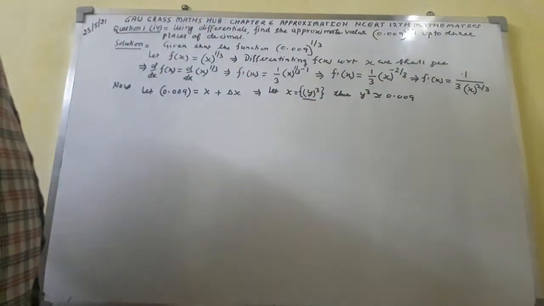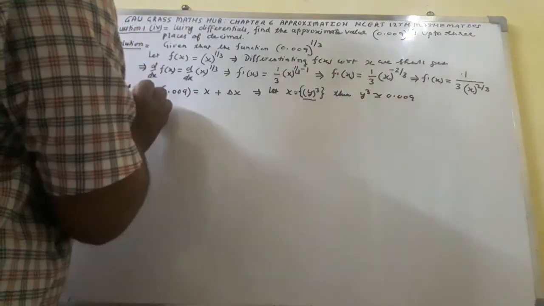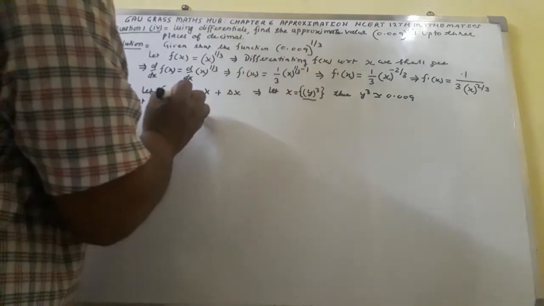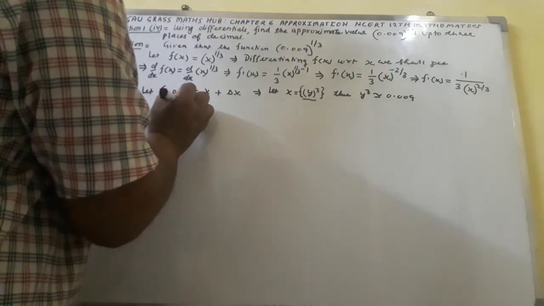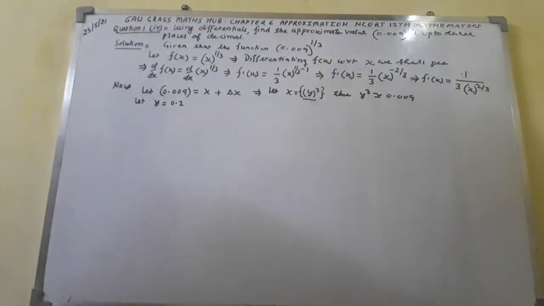It should be approximate. So if we write here, let y equal to 0.2. Let y equal to 0.2. Assume this one.